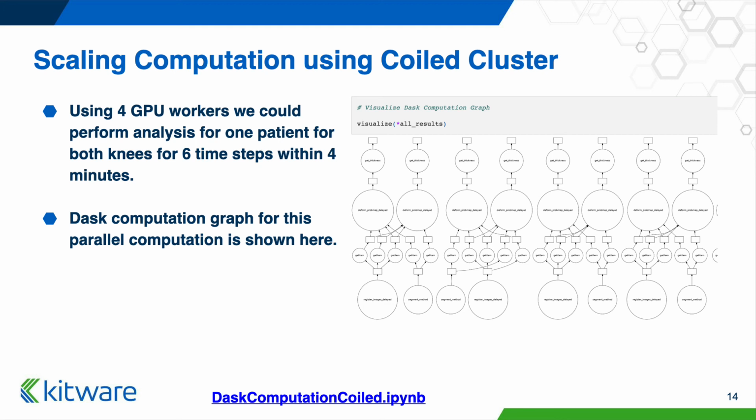We have also shared a sample Jupyter notebook that demonstrates this computation on a Coiled cluster. The notebook is named Dask Computation Coiled. To run this notebook, the users will have to create a Coiled account and will have to perform certain additional steps.